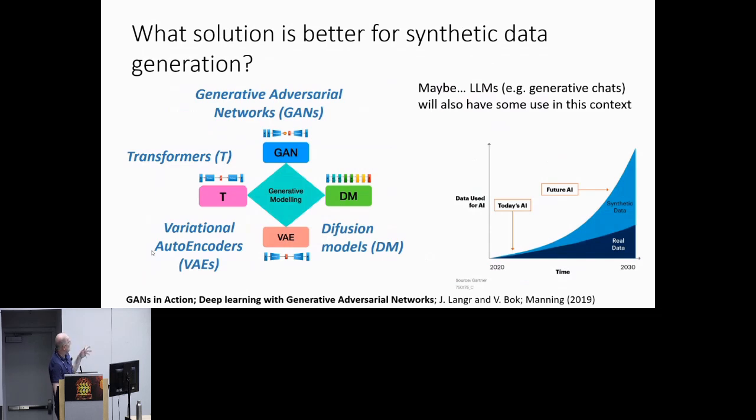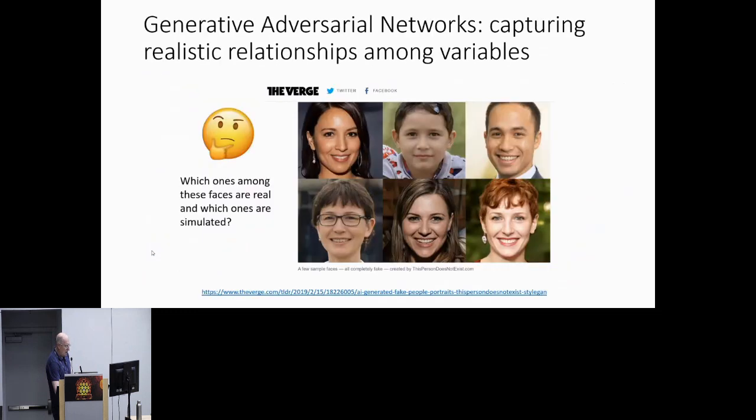There are different ways in which we can do this simulation of synthetic data, and we started with generative adversarial networks, which some people have already tried, and we tried it again. Maybe you are familiar with this.